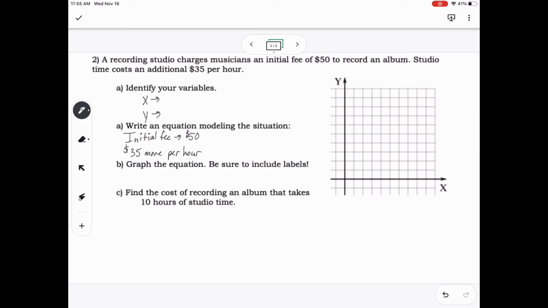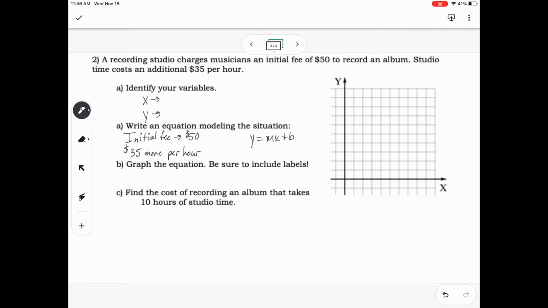Okay, so this one is going to be a little bit different. What I don't know may not be completely obvious to you, but it may be helpful to talk about this scenario a little bit. This one models a slope-intercept form equation a bit better than a standard form. It's because they give you the value of the initial fee.